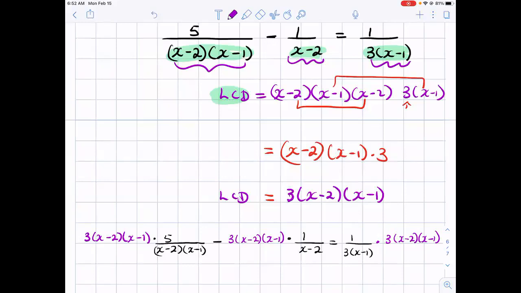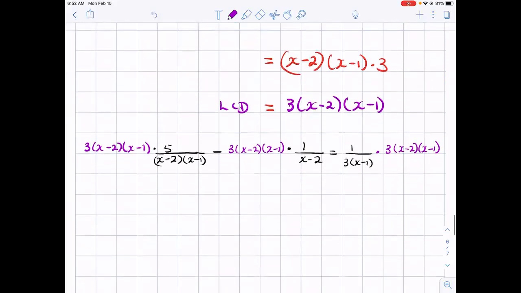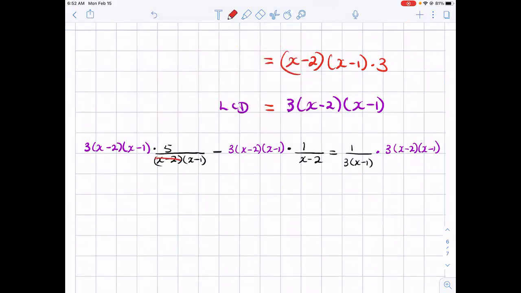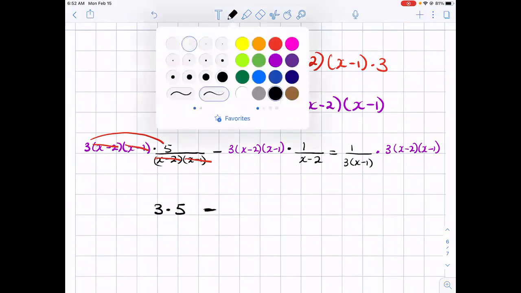By rewriting that, it now appears to look a little bit better. So let's see what will cancel. The x minus 2 cancels with the x minus 2, the x minus 1 cancels with the x minus 1. So I'm left with 3 times 5, minus what will cancel out here.